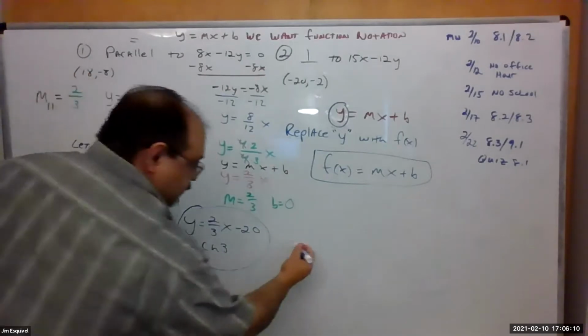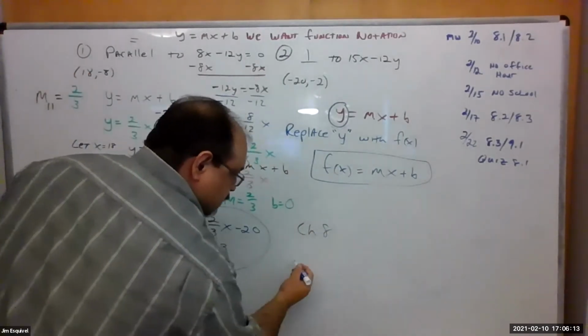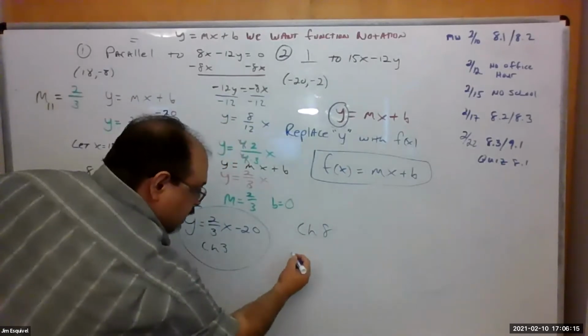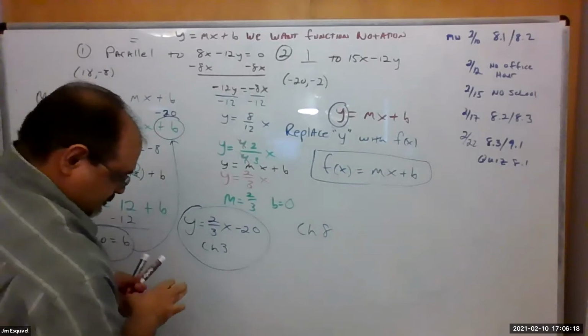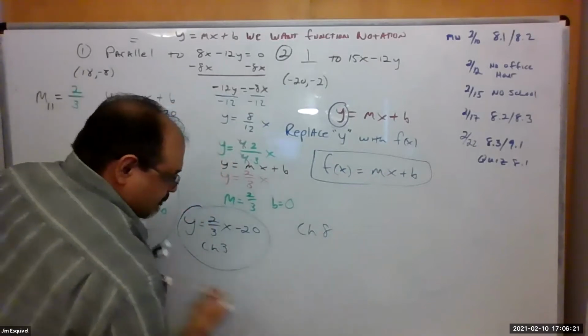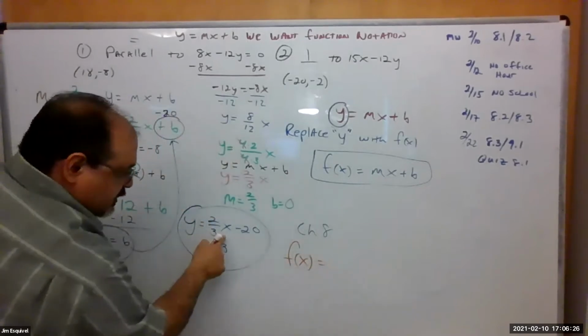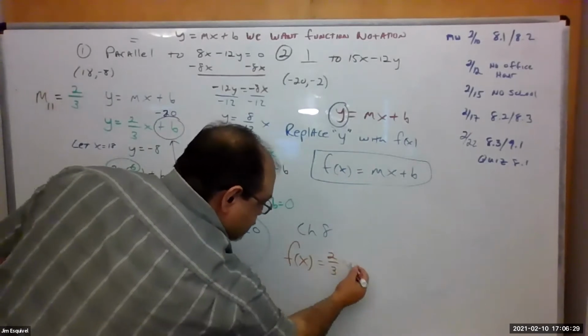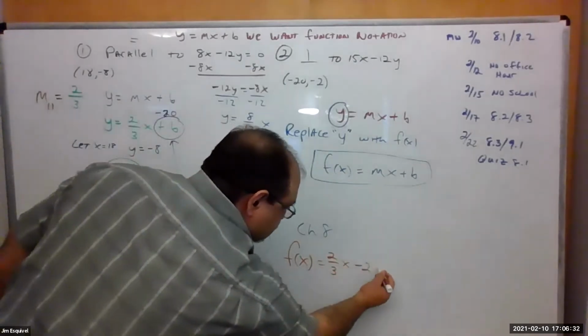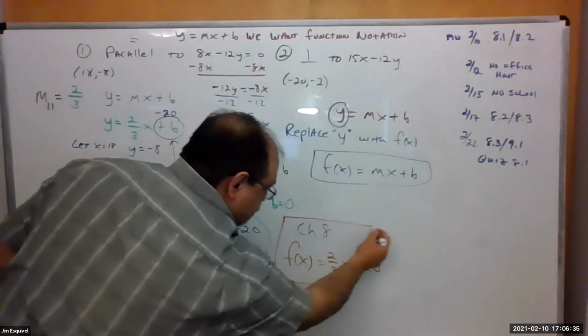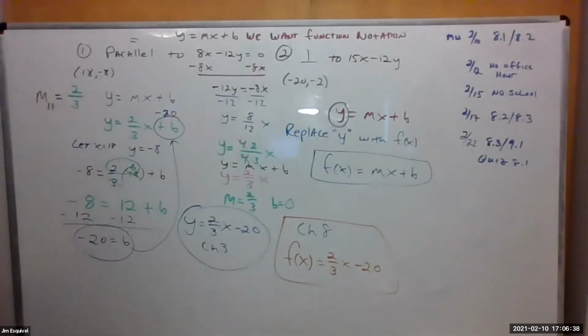So in chapter 8, final answer is going to be f of x equals 2/3 x minus 20. That's the only change you make.